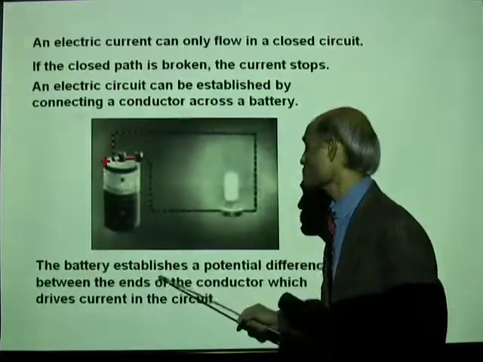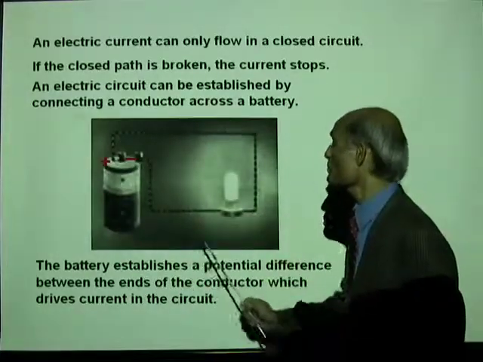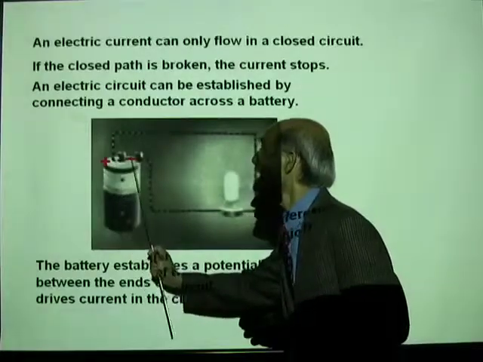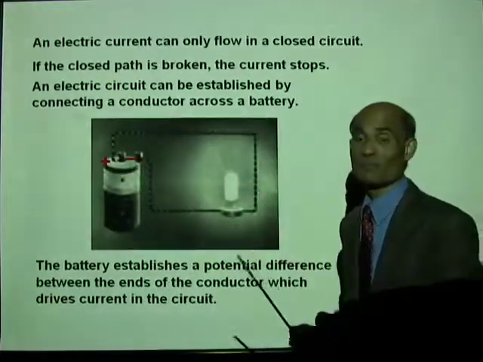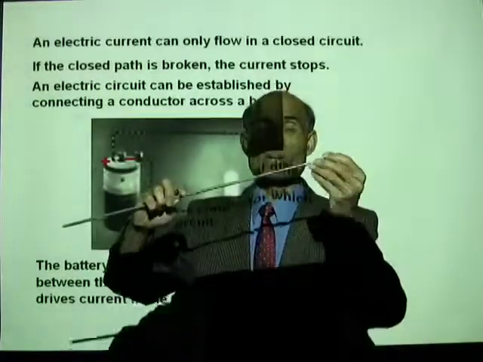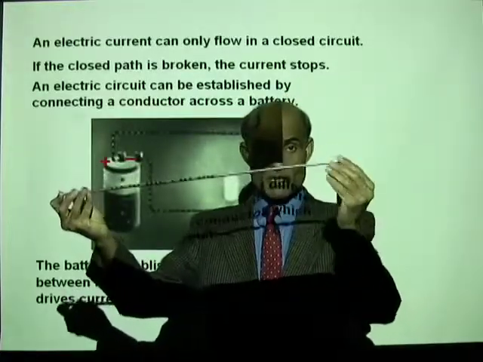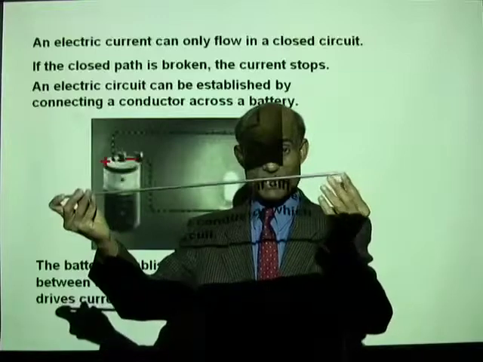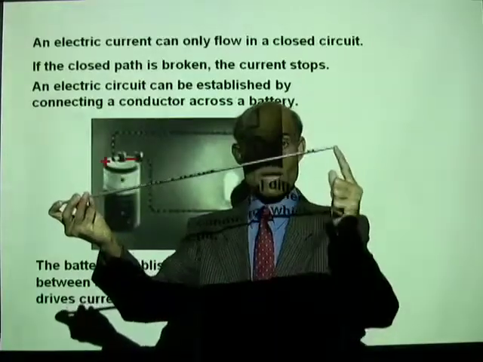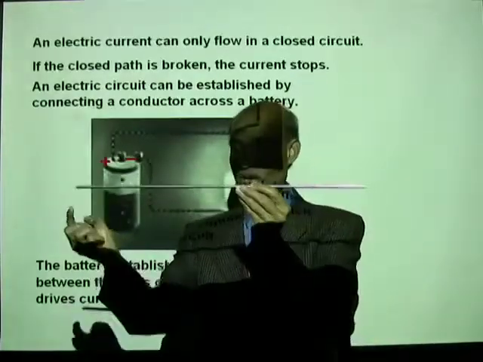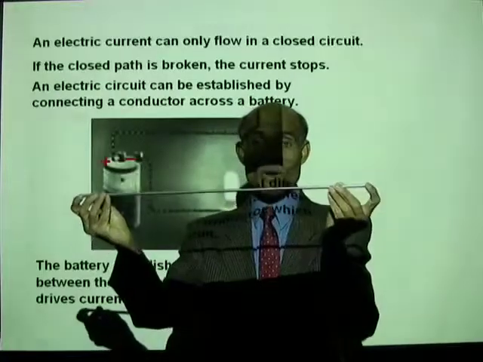The battery establishes a potential difference between the two ends of the conductor. You see, if I now connect the two ends of the conductor to a cell, one end to the positive, the other end to the negative, what happens?